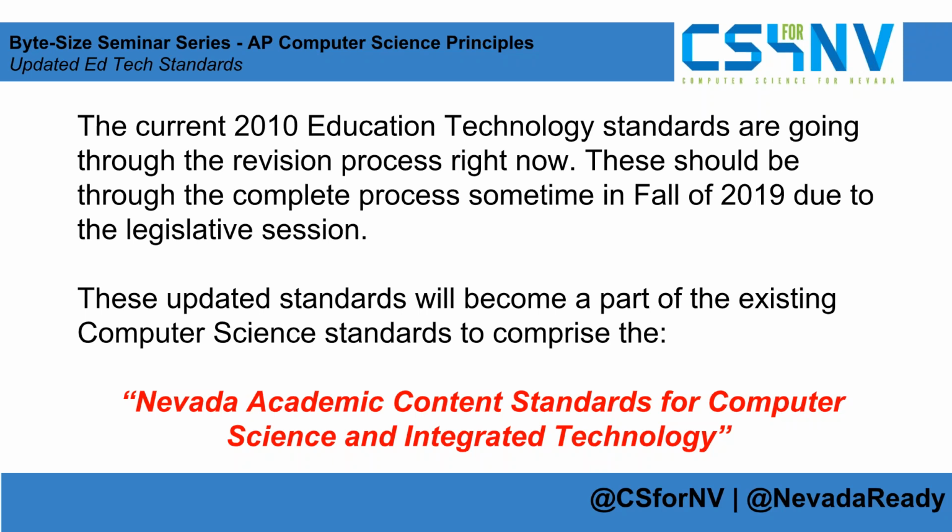But one of the things that will happen once these are completed, the technology standards will join with our computer science standards, like that tree that I mentioned earlier, and become one set combined in one packet called the Nevada Academic Content Standards for Computer Science and Integrated Technology. It's a fantastic title that our writing group came up with.